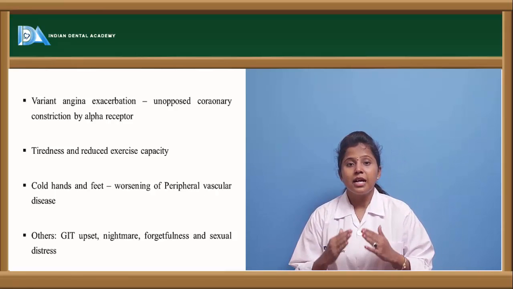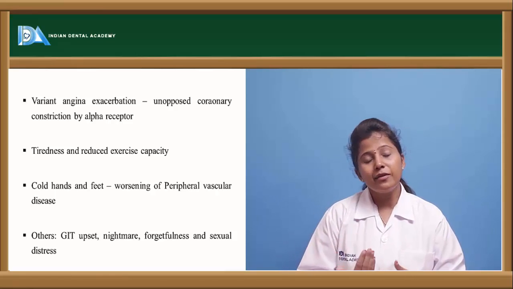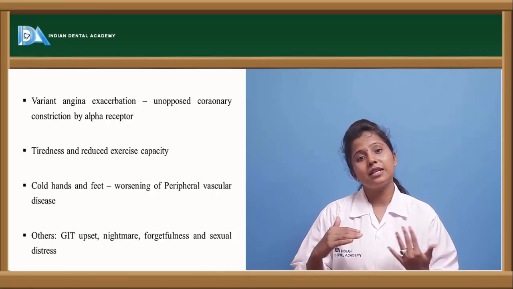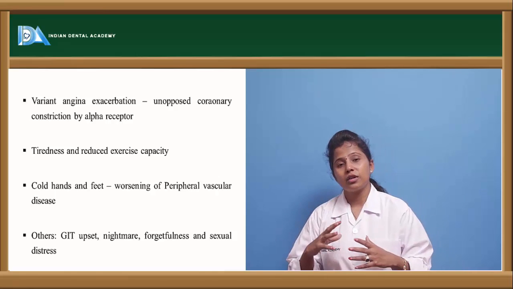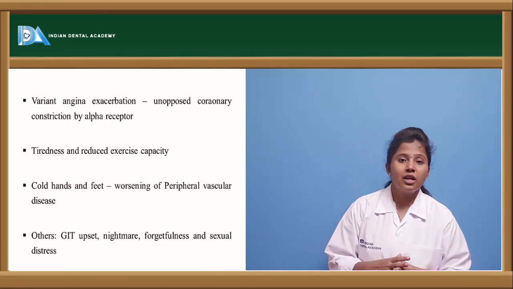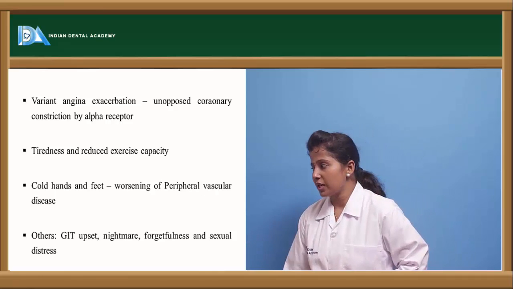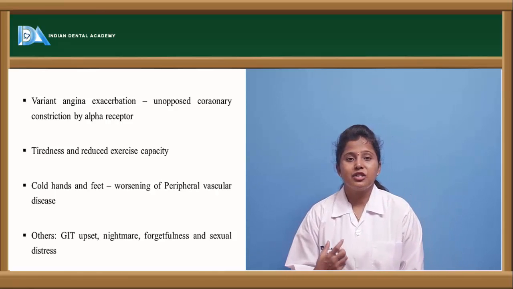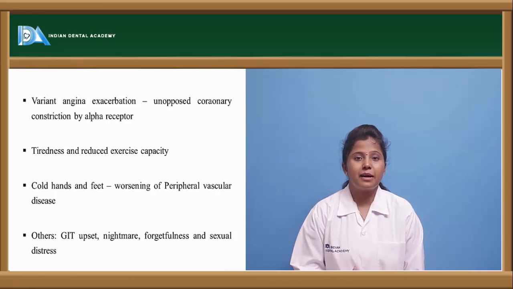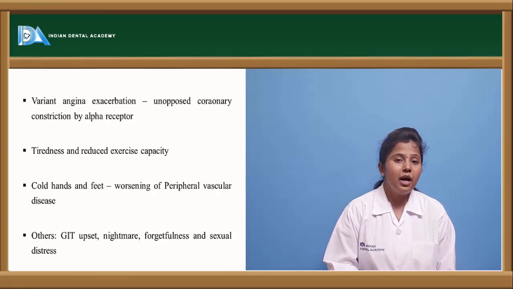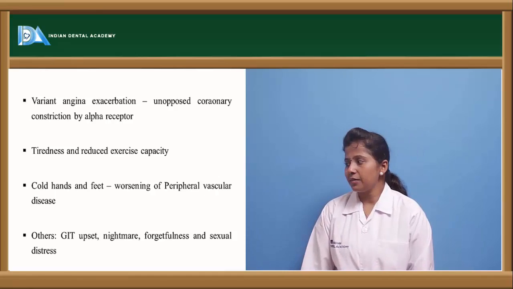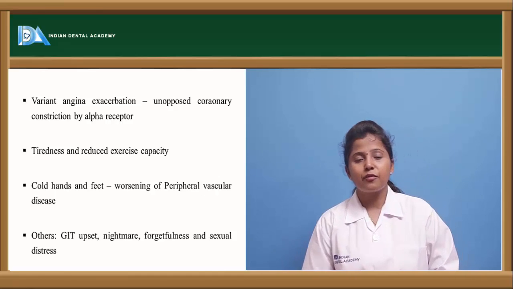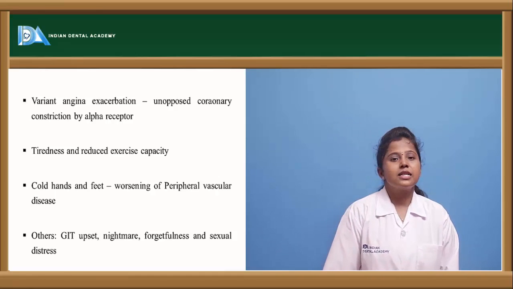Because of the peripheral vascular resistance, or we can say the decrease in the blood pressure or else venous dilation, cold hands and feet of the person are observed, and it causes other effects, like a GIT upset. There will be some disturbances in the GIT system, and nightmares, forgetfulness, as well as sexual distress.